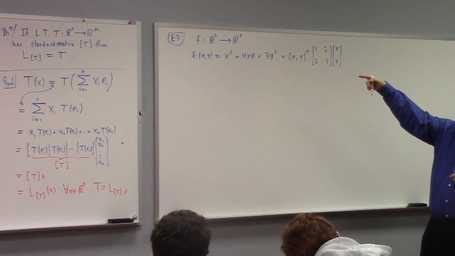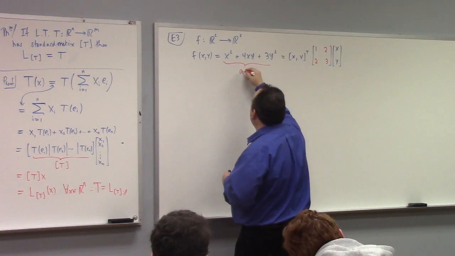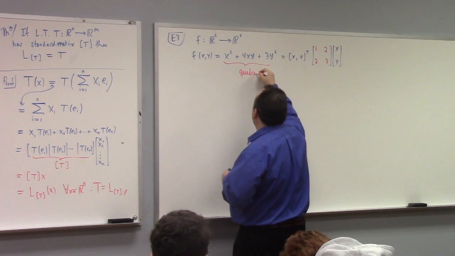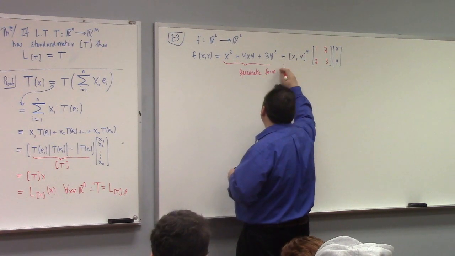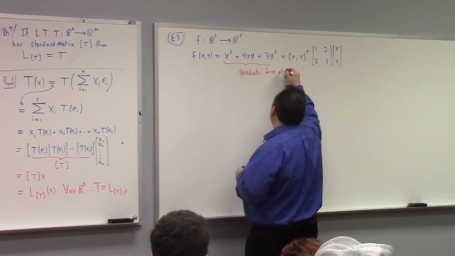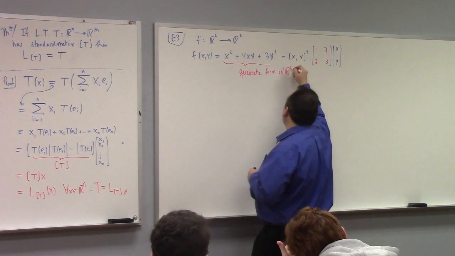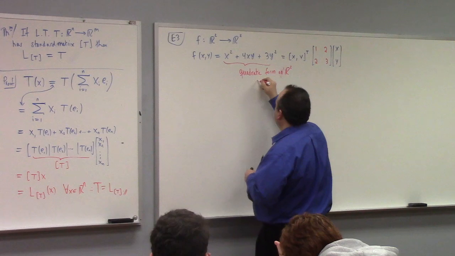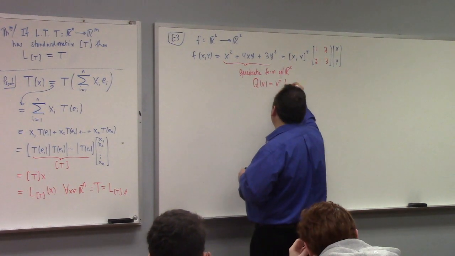This is what's called a quadratic form. So this is an example of a quadratic form on R2. If you want, you can write the formula for this as something like this. Generally speaking, Q of v is v transpose B v.